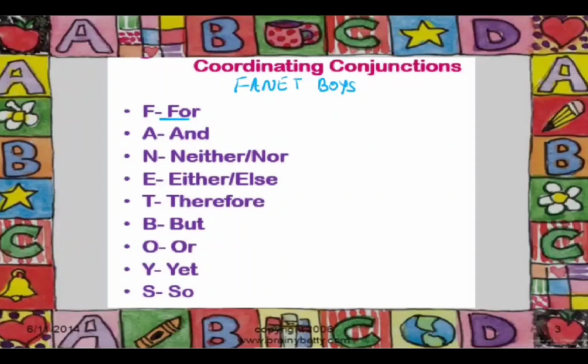Children, take care of the fact that for can be used as a conjunction as well as a preposition. So if you see two subjects and two verbs, and between those two clauses you see for joining the two or giving some kind of reasoning, then for acts as a conjunction.